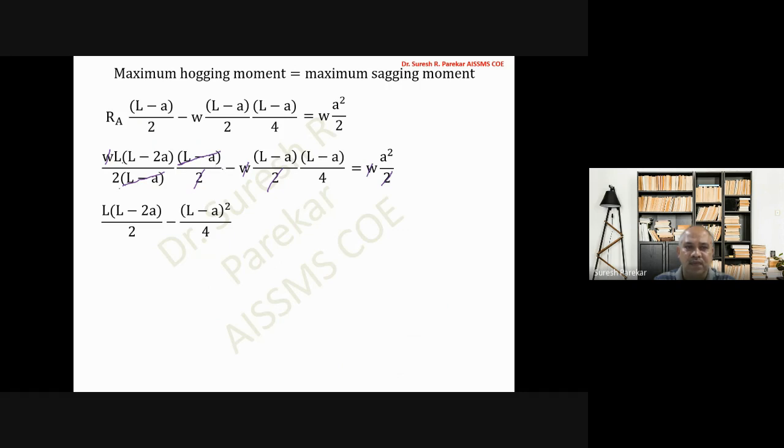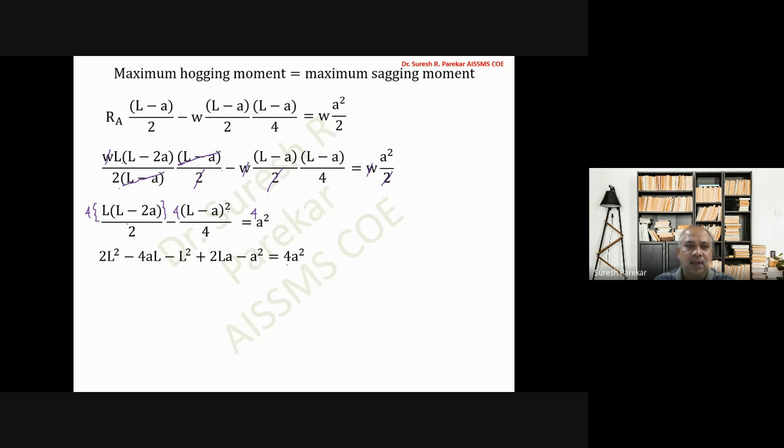In the second term we have L minus A whole square upon 4, and that equals A square. Taking LCM 4, we multiply all terms by 4, and then you can get it very easily.